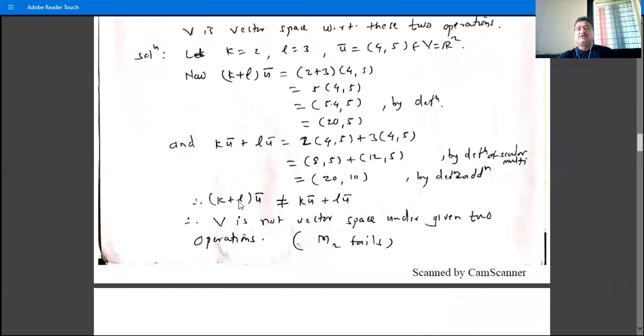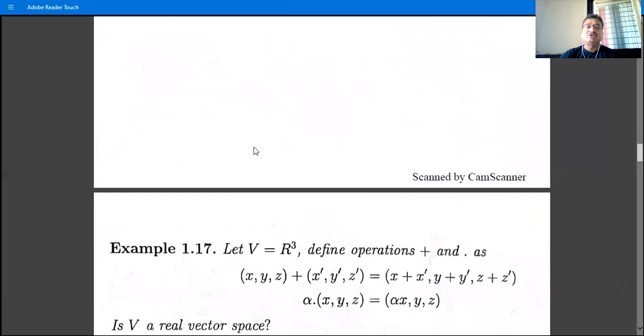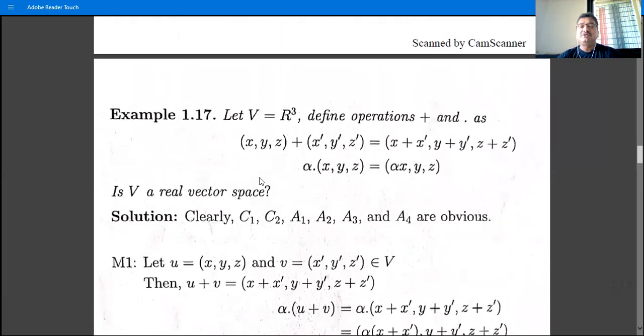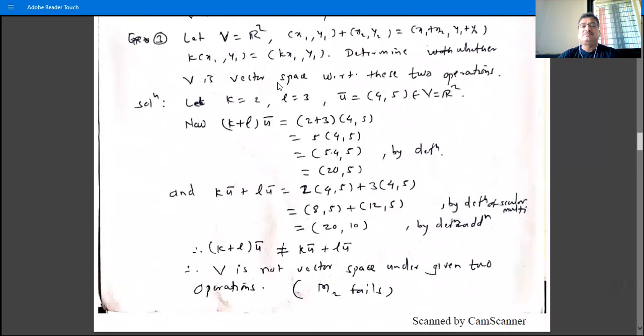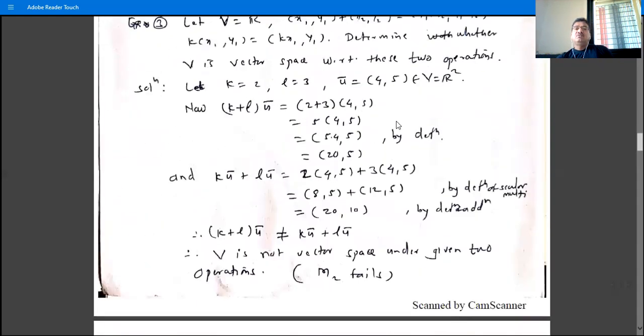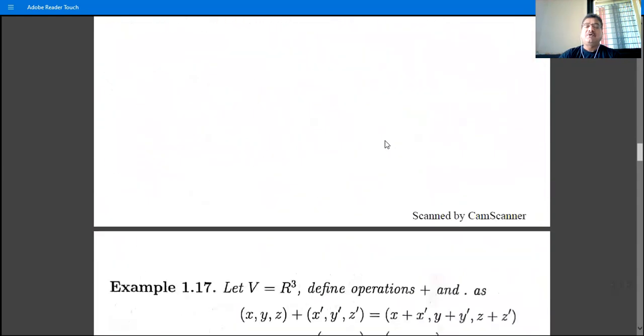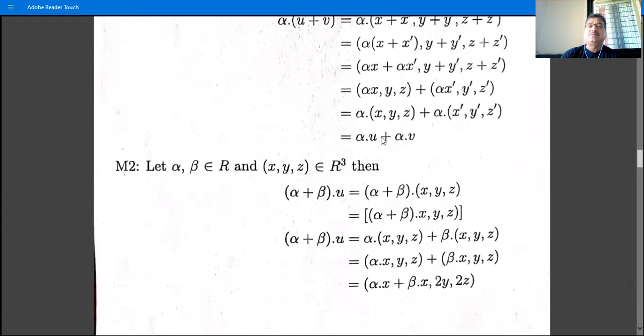Your observation is that (k plus l) u bar is not equal to k u bar plus l u bar, and therefore V is not a vector space. Take u bar as an element of R3 instead of R2, such as (4, 5, 6), or (4, 5, 1), or (1, 2, 3). Take any element from R3 and show that the property fails.